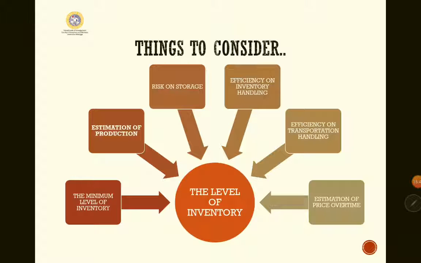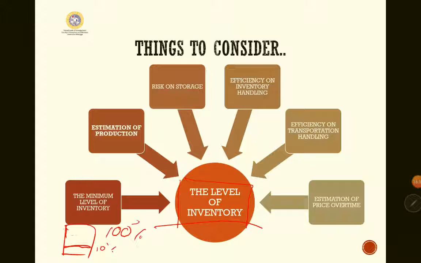Some things to consider to decide the level of inventory that you choose in your company. First, you have to set the minimum level of your inventory. If it is 100% stock, what is the minimum level of inventory?